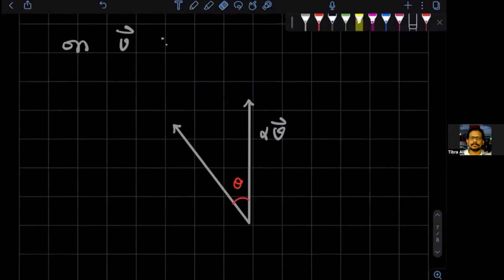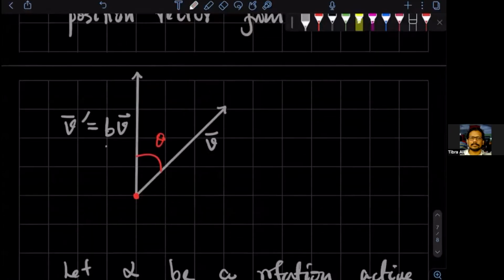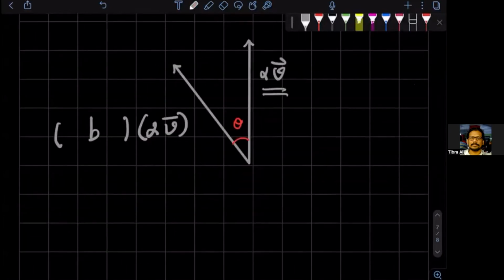So this transformation will act on this vector, and that transformation, we know that it was B over here, but in this quote unquote rotated frame is going to be given by alpha B alpha inverse.